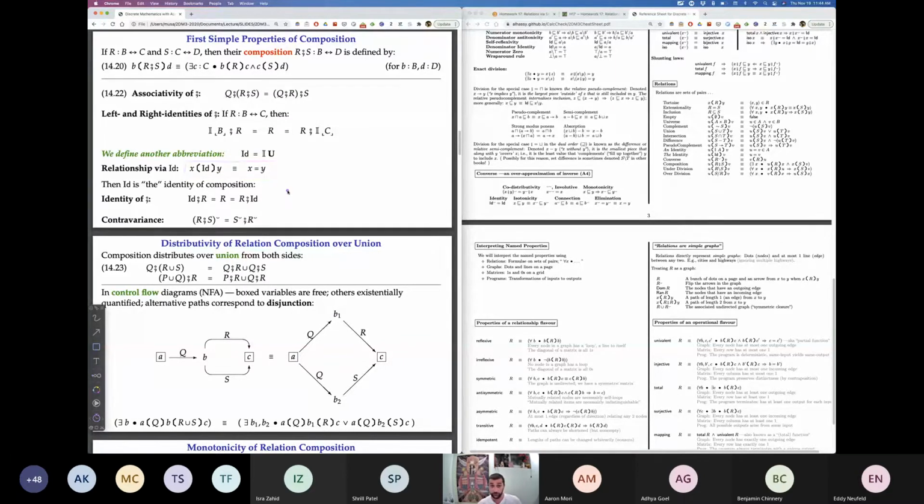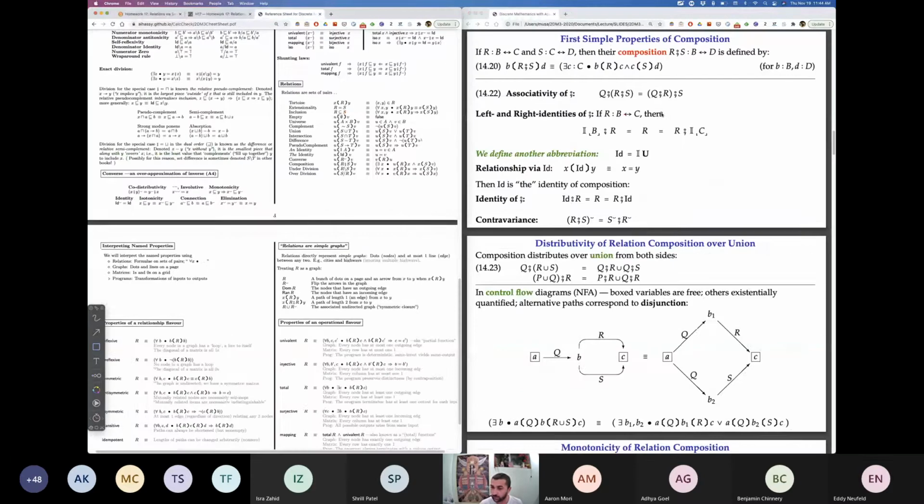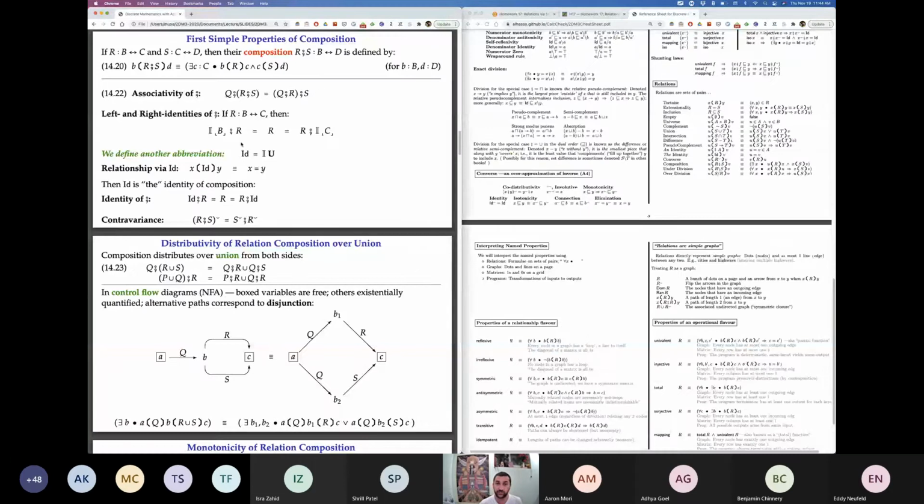Okay. So for preparing for the midterm, it would be really nice to try to prove these using the definitions. Using this as definition for composition and using this as definition for identity. And you have some definitions over here for equality to actually be able to prove that the identity is the identity.